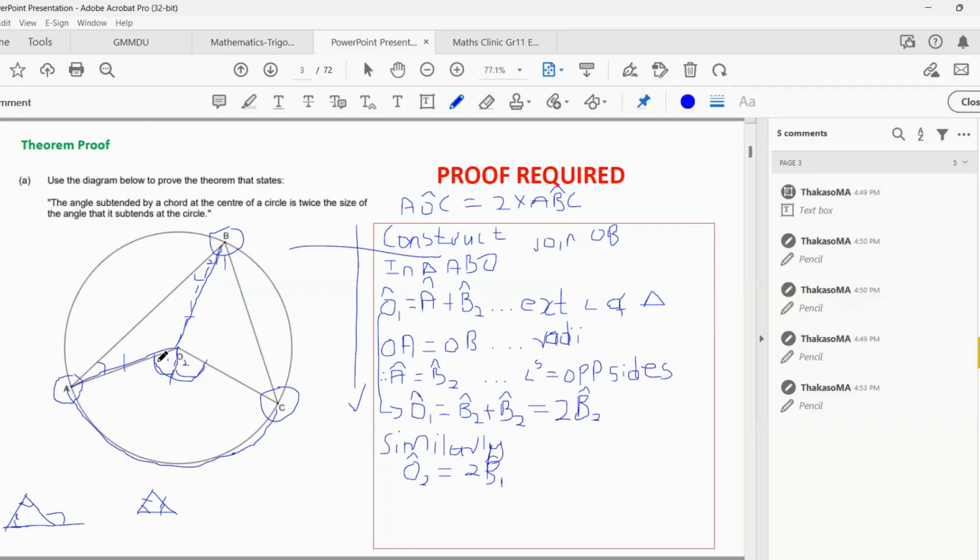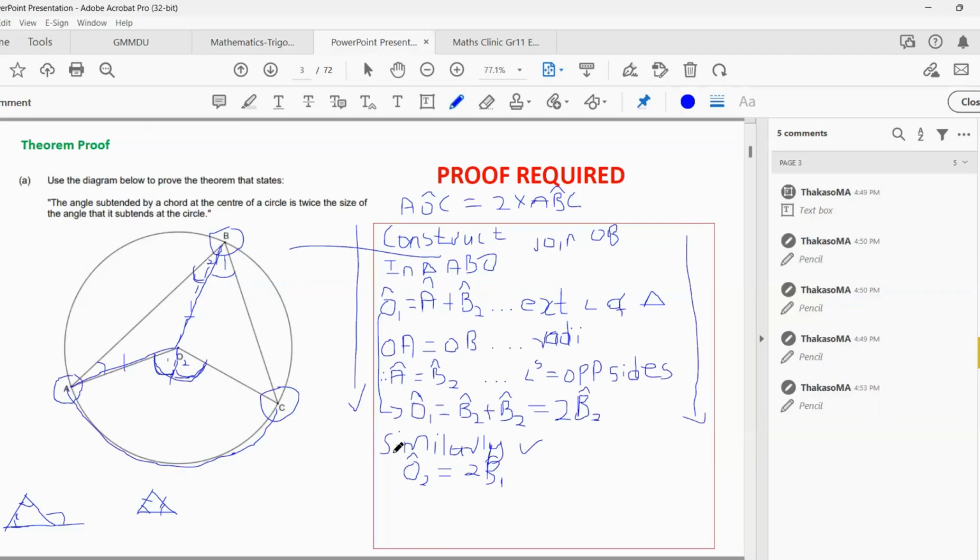If we've proved O1 is equal to 2B2, we can prove using exactly the same steps that O2 is also 2 times B1.